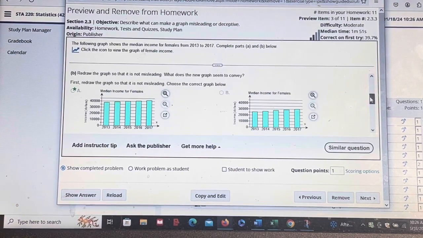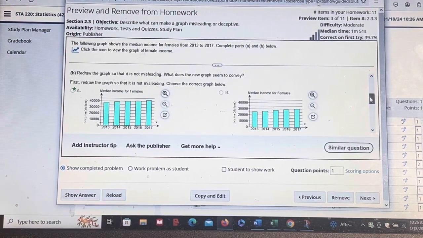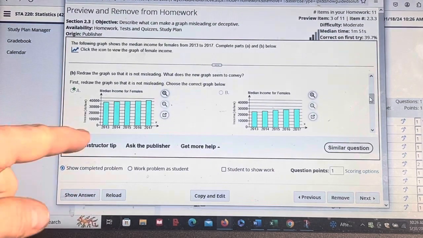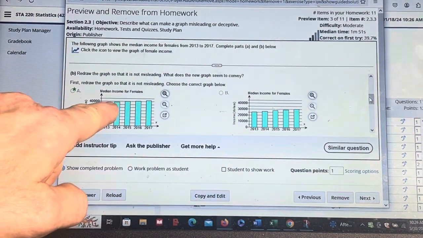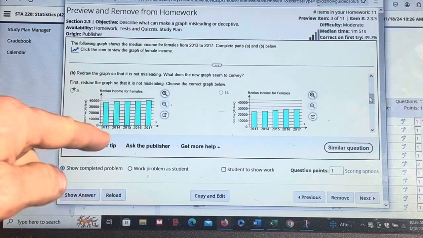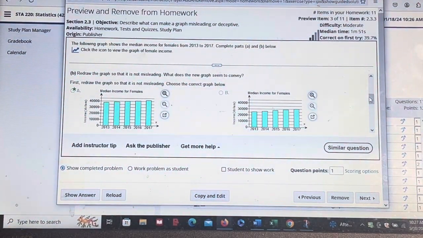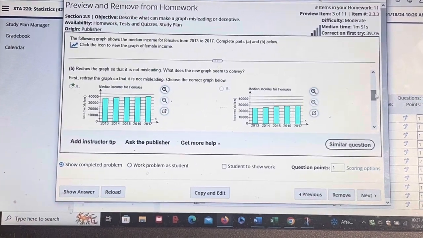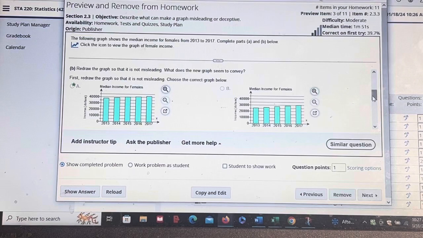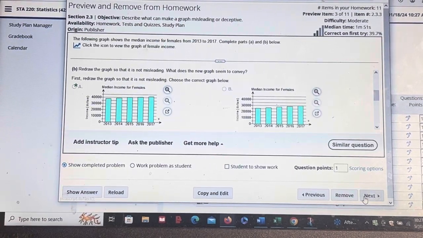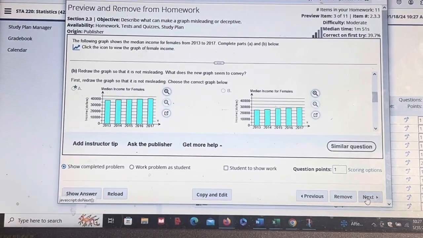Now, if you redraw it so it's not misleading, look here. Here's the answer right here. And look, it's not that much of a jump once you start at 0. See, it doesn't look anything like it did. It's not that big of a jump after all. So you can see how that would make a difference, misleading like that.